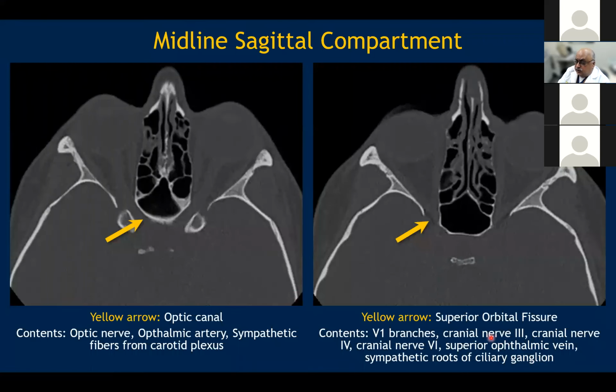The superior orbital fissure itself has important contents. It has the cranial nerves 3, 4, and 6 as they egress from the cavernous sinus and enter the orbits, and it has also got branches of the first division of the fifth cranial nerve as it supplies the interior of the orbital structures. Then there are several sympathetic routes which emanate from the ciliary ganglion, which are important components of the contents of that fissure.